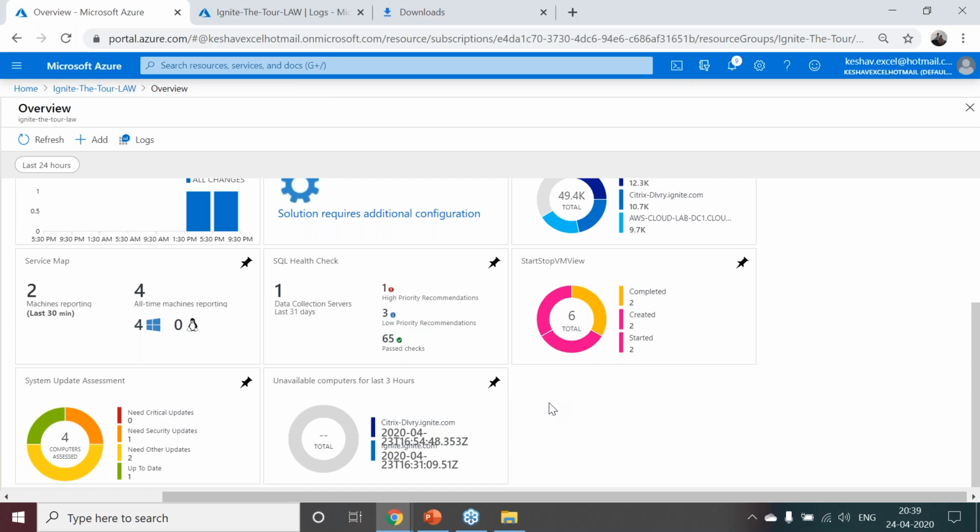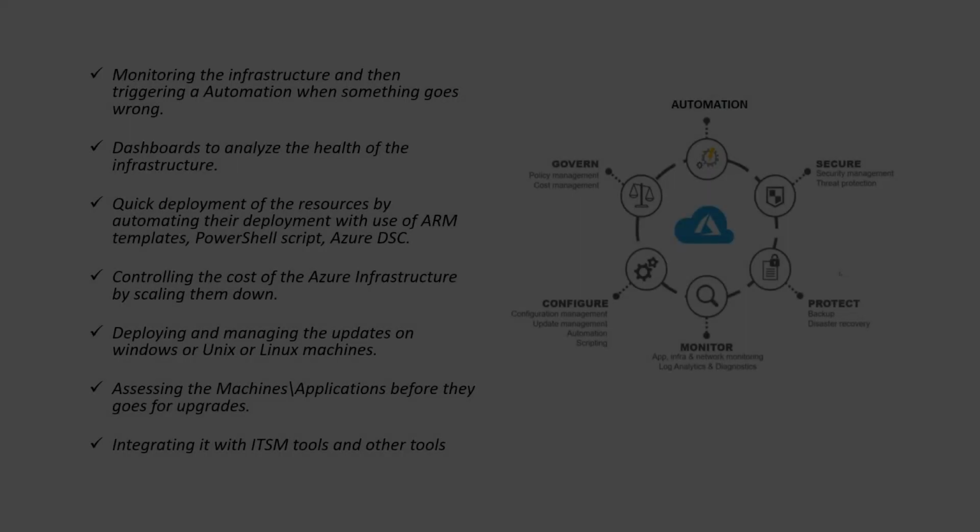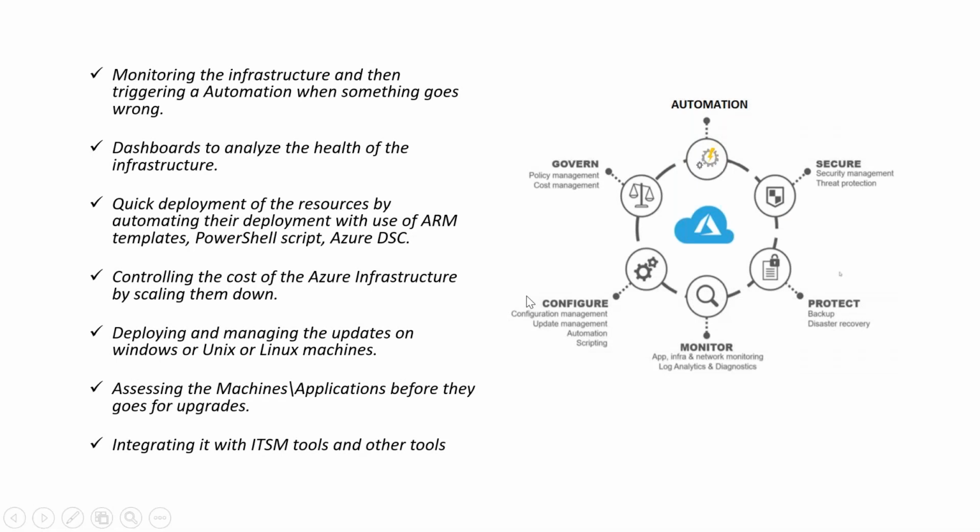So in short, whenever you use Azure Monitor as well as Azure Automation, it will help you in the manageability of the infrastructure. It can help you in monitoring the infrastructure, and if something goes wrong, it can trigger the automation. You can have dashboards which will analyze the health of your infrastructure.